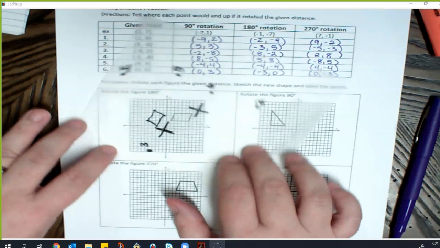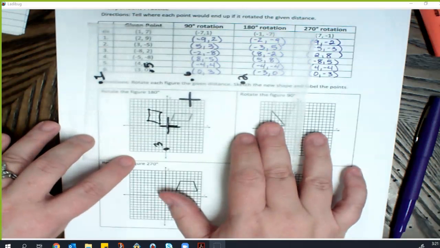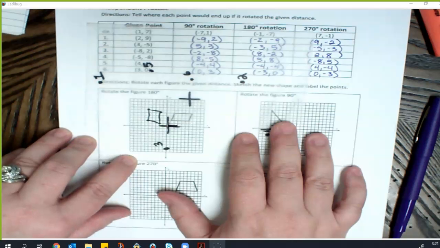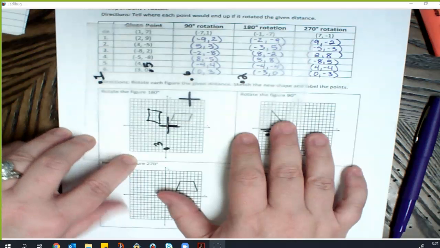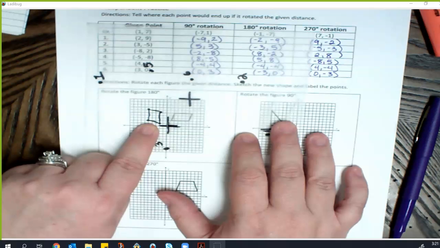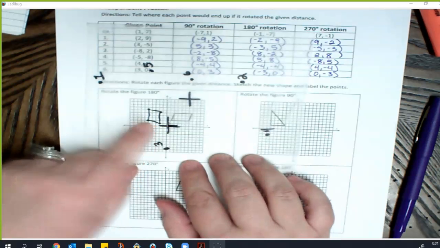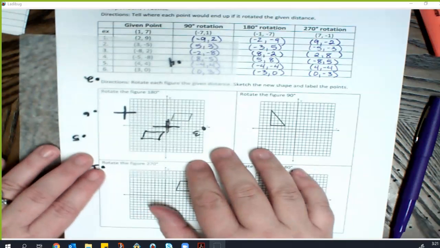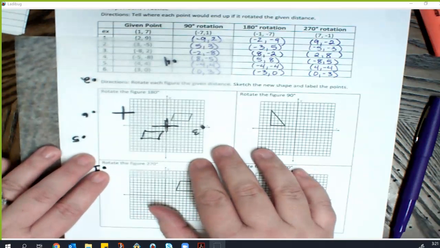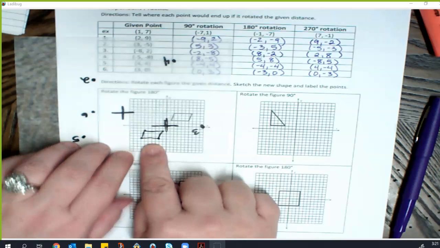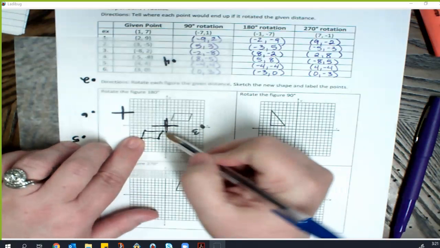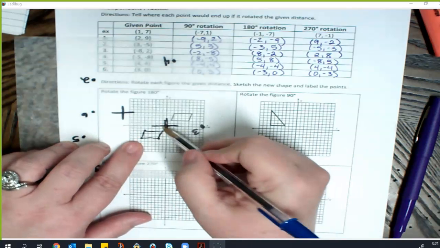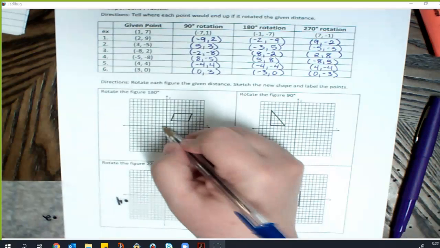When I turn it once for 90 degrees, what happened to my shape? It kind of made it stand up, didn't it? All right. We turn it again for my second one, and it is down here in quadrant 3. So when they want you to trace it, you would have to see, where is the new ordered pair? Oh, it's at -1, -2.